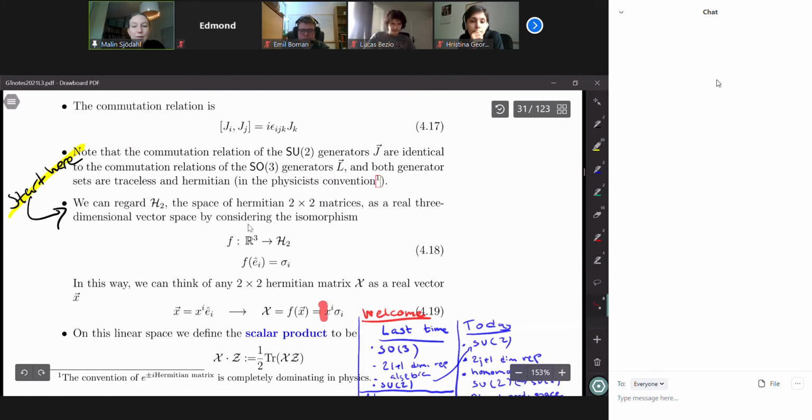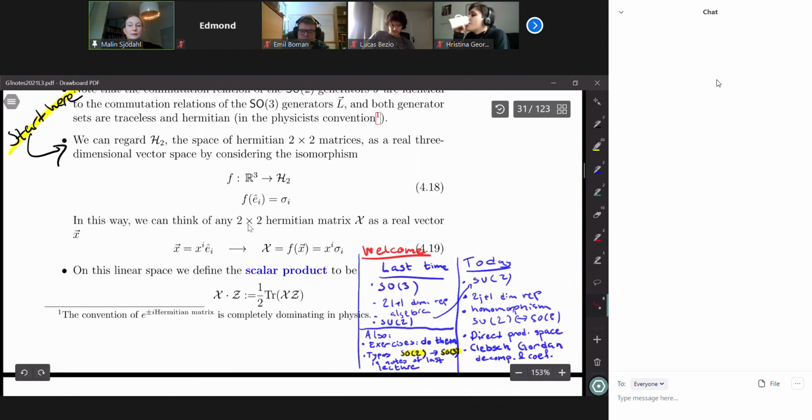So this is, of course, a 2x2 matrix, and we have this map between ordinary vectors in our ordinary space to 2 times 2 Hermitian matrices.